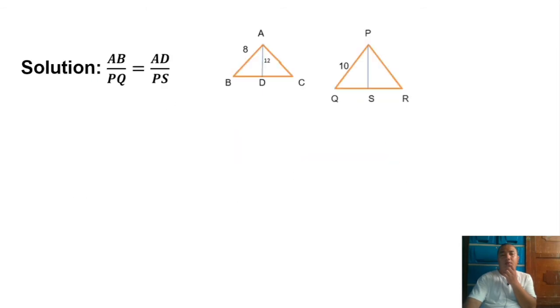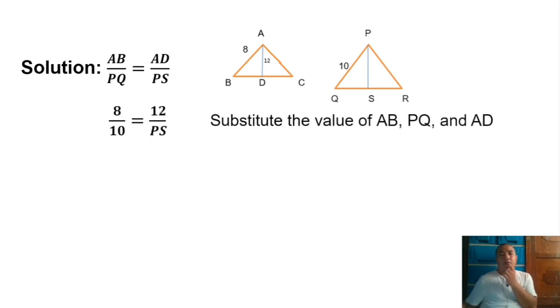So what will be our proportion here? AB over PQ is equal to AD over PS. So the corresponding sides of two triangles are in the same ratio as the corresponding altitudes.